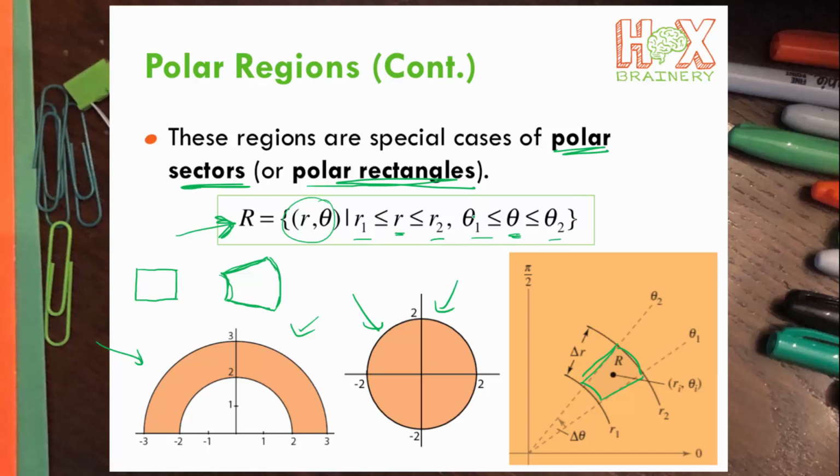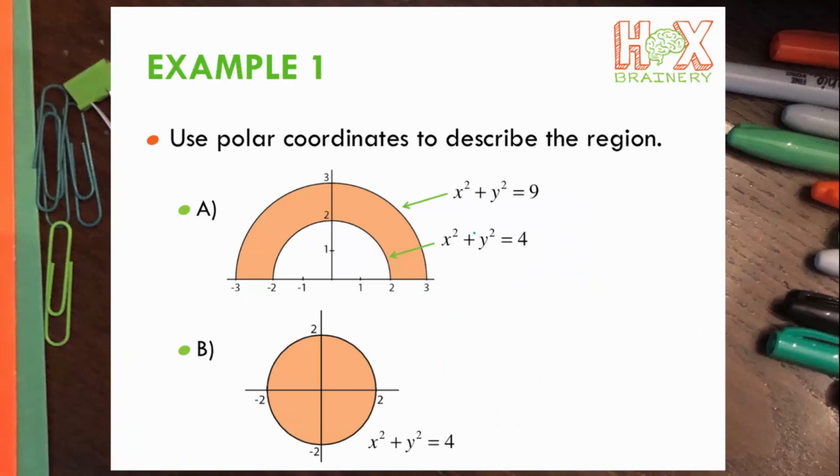So we're going to use basically this set notation. This is the first example. Just use polar coordinates to describe these regions. And I'm giving you the curves here in rectangular form so you can see that it's already getting a little complicated.